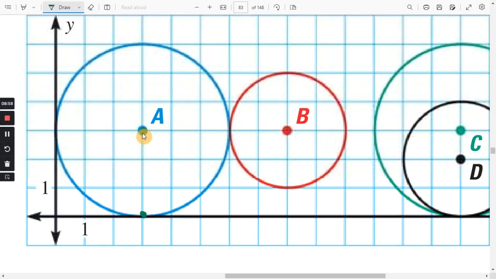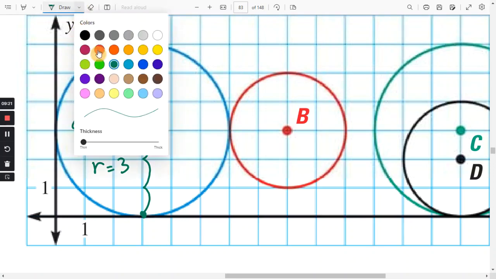And if we counted units, 1, 2, 3. Okay, so the radius equals 3. And if we were to do the diameter, it would be 3 here plus 4, 5, 6. Okay, so the diameter equals 6.